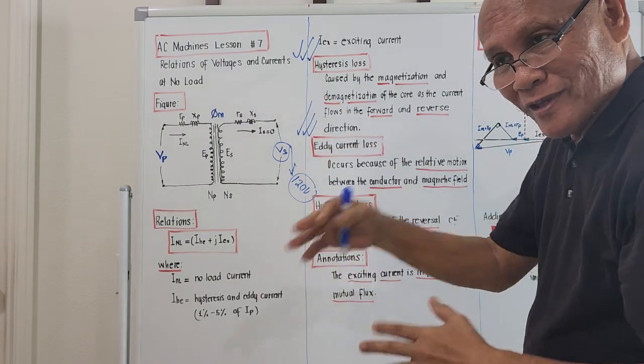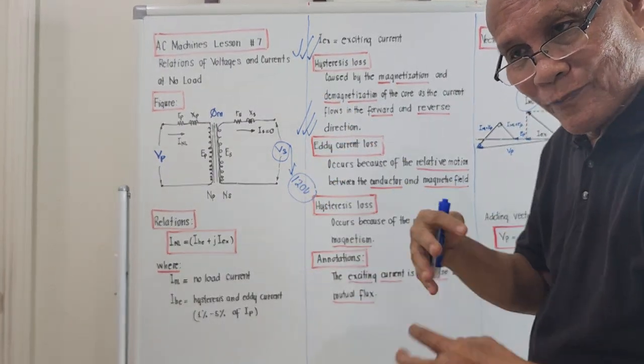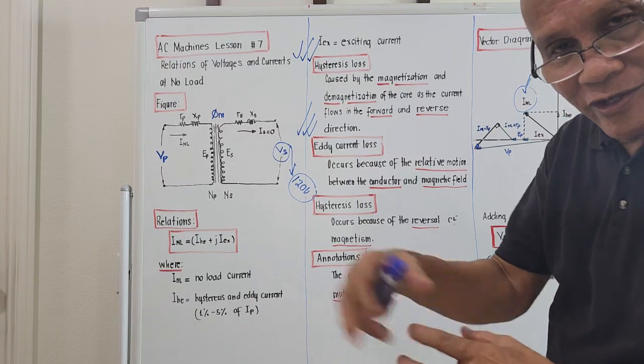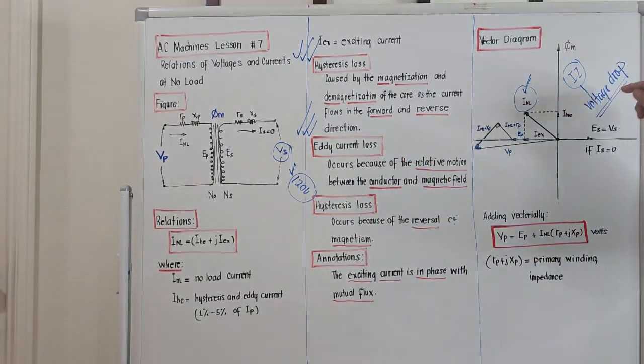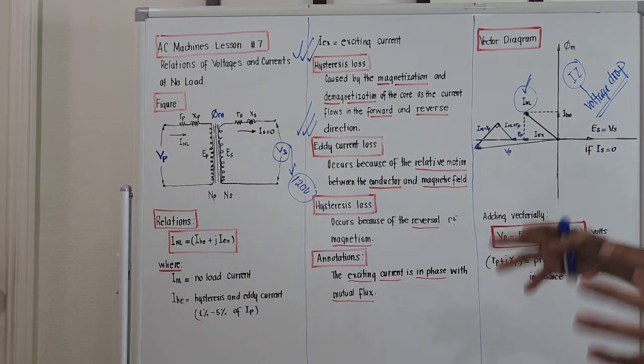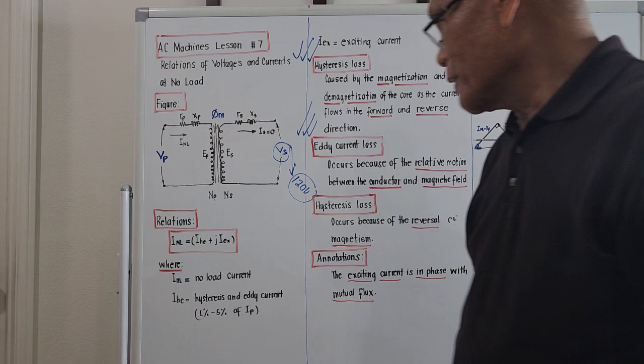So for us to maintain the correct rotation of a motor plugged in on the secondary, it's a must that we compensate for the voltage drop. This is actually used in the design of transformers. Okay, let's proceed.